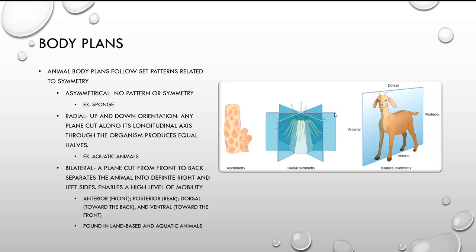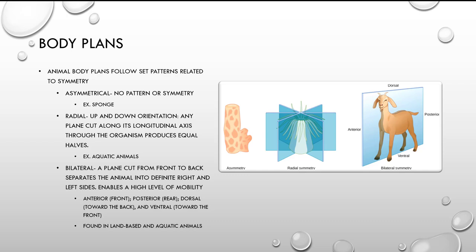This allows them to extract food from the surrounding water as it flows past. Like this sea anemone, for example, it's got tentacles all around, right? As the water's passing through, it can extract food items from the water. So this is a good adaptation for those aquatic animals.